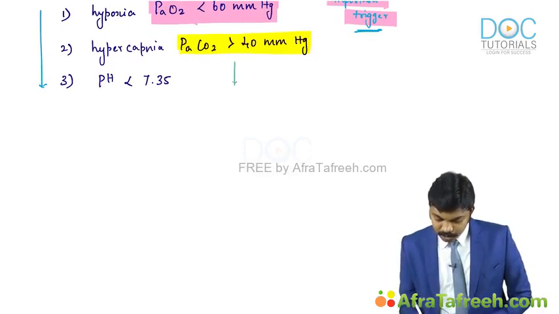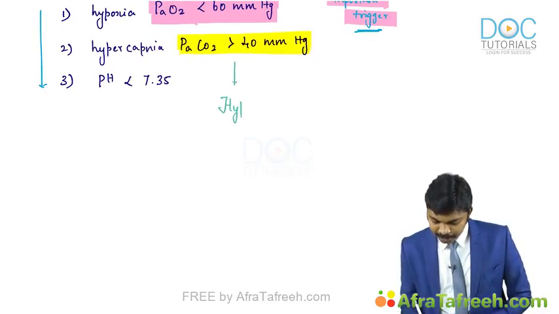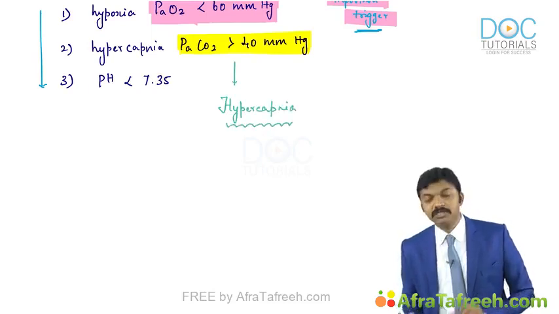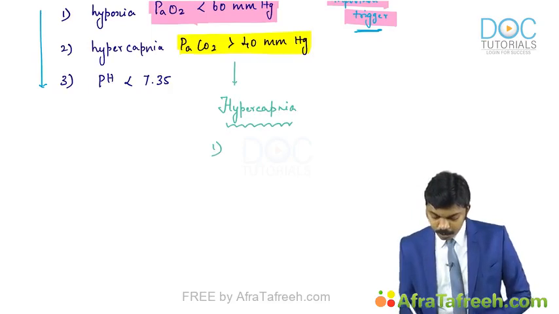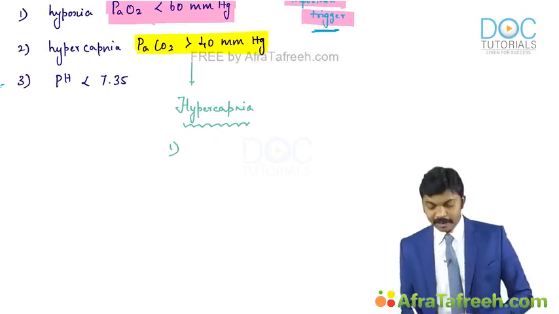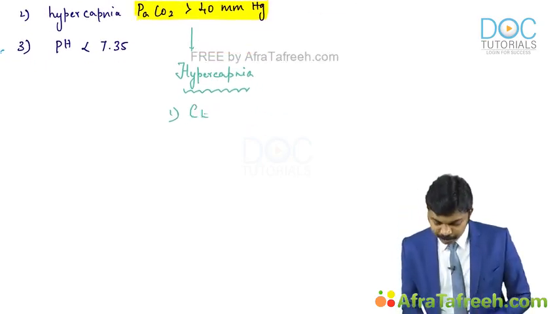Let us consider what happens when hypercapnia gets manifested in the body. Remember, doctors, with hypercapnia, if you look at the response curve for hypercapnia, the most prominent response comes from central chemoreceptors.